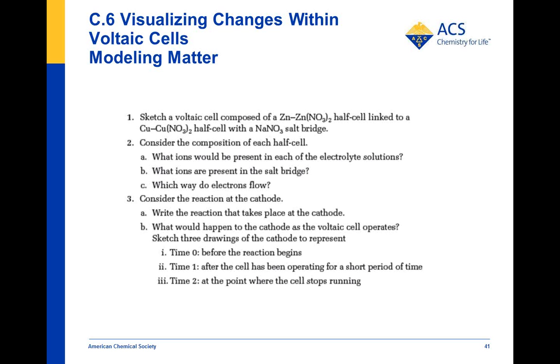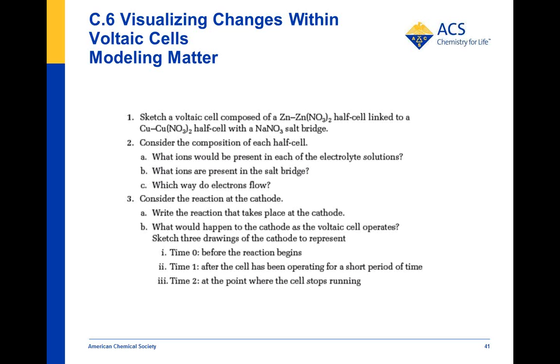They are being asked to visualize what is going on at the anode and at the cathode. This is really easy for some students and very difficult for others. Some students can visualize the cells from the particulate nature, and some of them are not there yet.